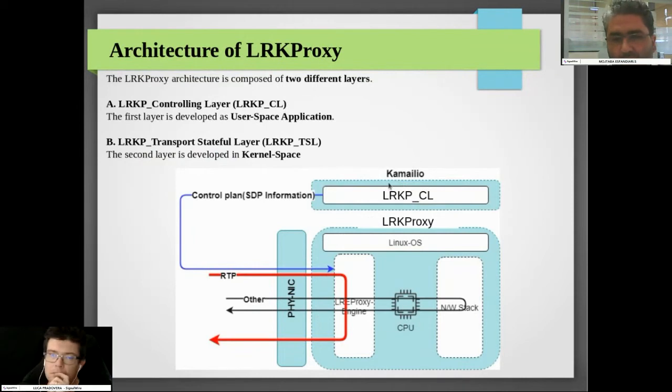The first layer gathers some information like SDP information and sends it to the second layer, and the second layer is responsible for creating an index cache and fast lookup for finding any matching RTP session to relay the RTP packets to other equipment, devices, or other networks.